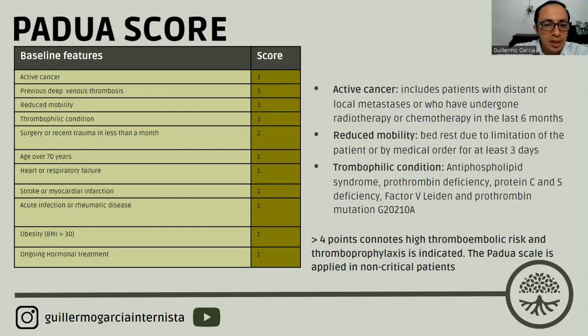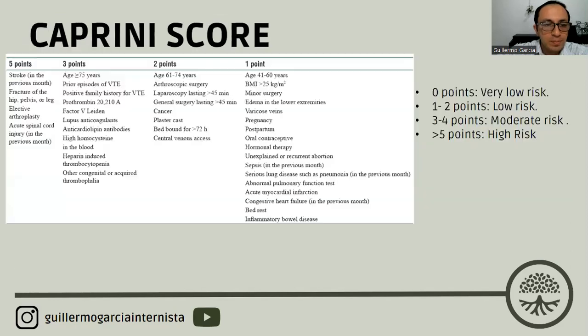Thrombophilias are considered in carriers of defects such as antiphospholipid syndrome, antithrombin deficiency, protein C and S deficiency, factor V Leiden and prothrombin mutation. All patients with a score greater than or equal to 4 connote high thromboembolic risk and should be treated with thromboprophylaxis. The Padua scale is applied in non-critical patients.